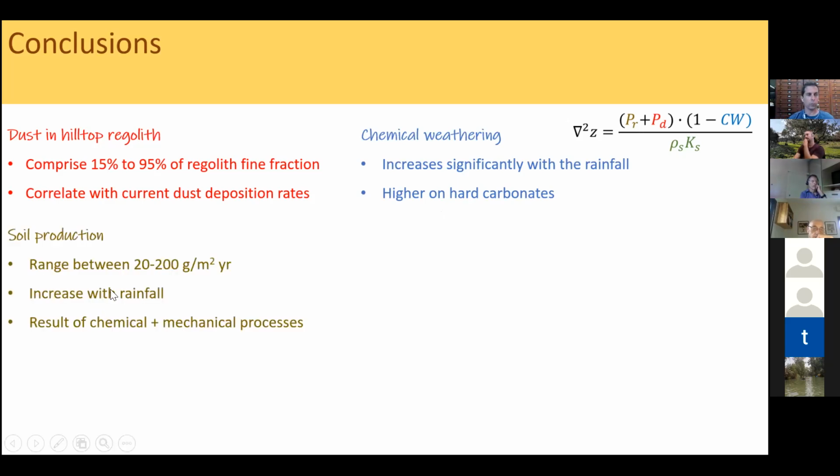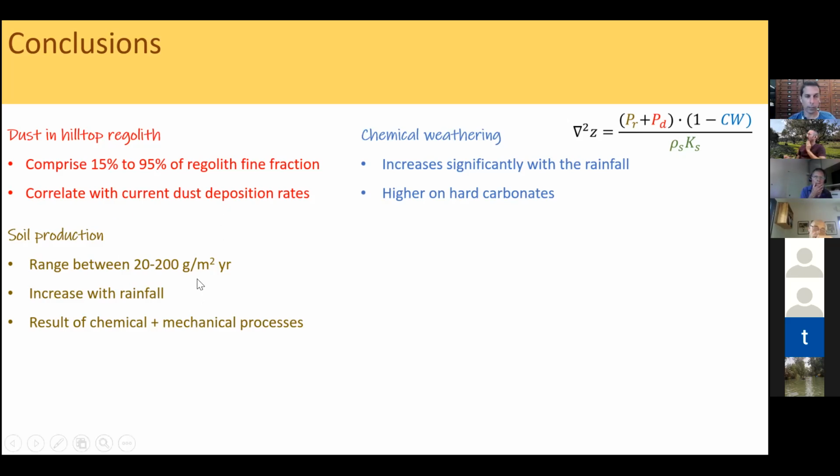Soil production. I don't think I showed it, but we actually have numbers, measurements or estimations of long-term soil production rates, and they range between 20 and 200 grams per square meter per year.